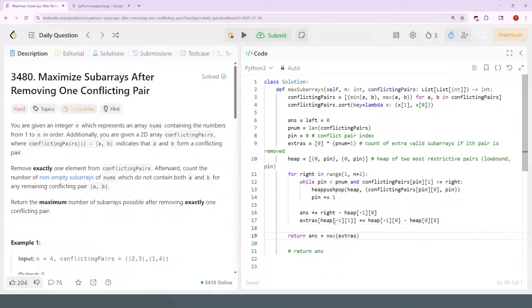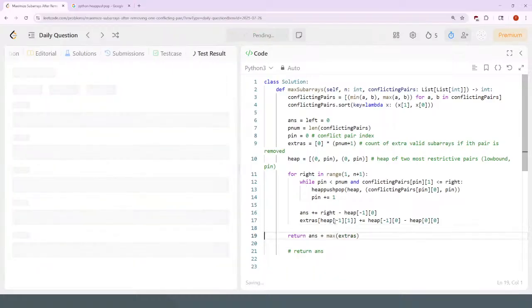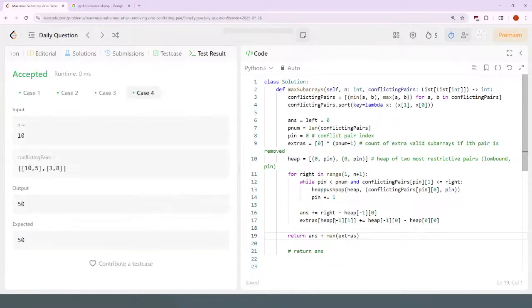Okay, I think this is all fine. Count of extra valid subarrays if ith pair is removed. Heap of two most restrictive pairs.